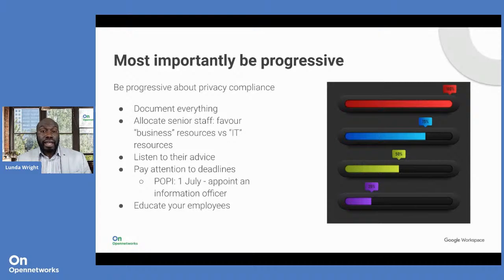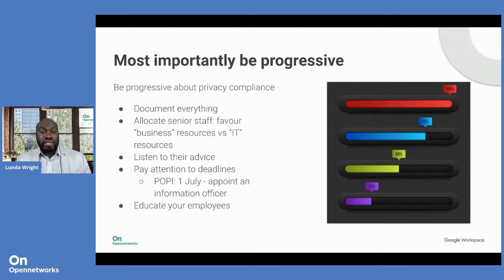In terms of allocating staff in order to meet your privacy compliance objectives, favor using business staff that are in the business capability of your organization as compared to staff that are in the IT capability of your organization.